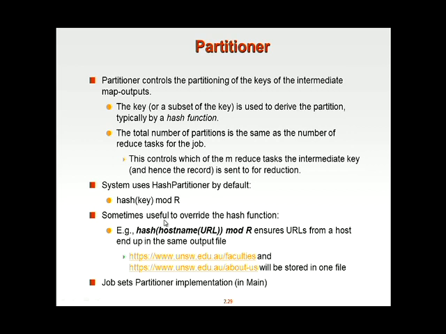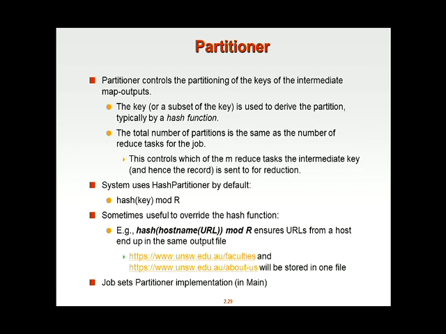For example, assume that we are using some web pages as input. For the web pages, the keys are the URLs, and the values are the web page content. What we want is to ensure that web pages from the same host are stored in the same output file, which means they must be processed by the same reducer, right?